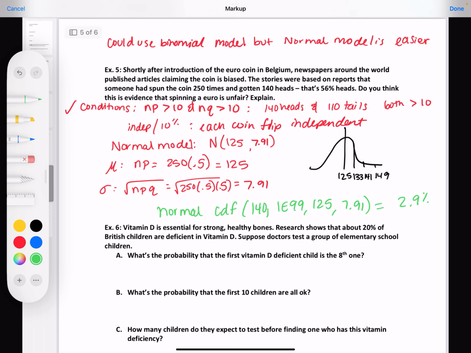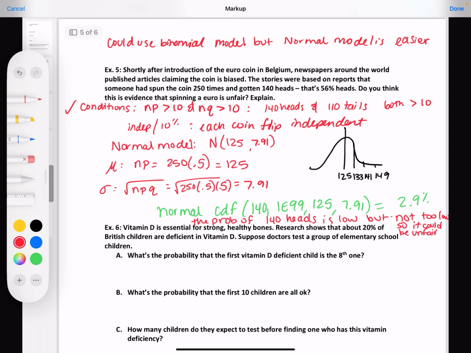So to sum this up, the probability of 140 heads is low, but not too low. So it could be unfair, but we can't guarantee that.